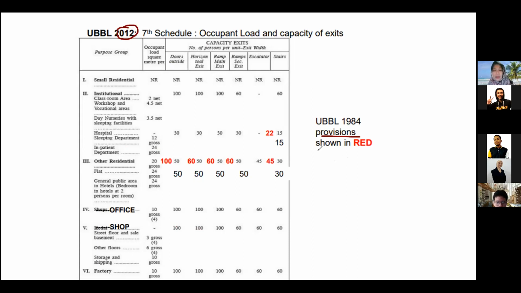So this person is just highlighting the red one is the new numbers. But in the new numbers, there is no 75, because we are referring to this, which is only for hospital, so that is about 60 and 100. But this is actually for staircase 60. So this is why I'm saying maybe this one is the previous schedule.